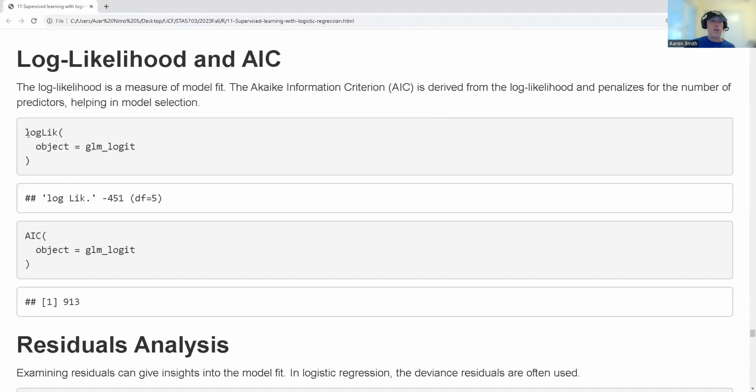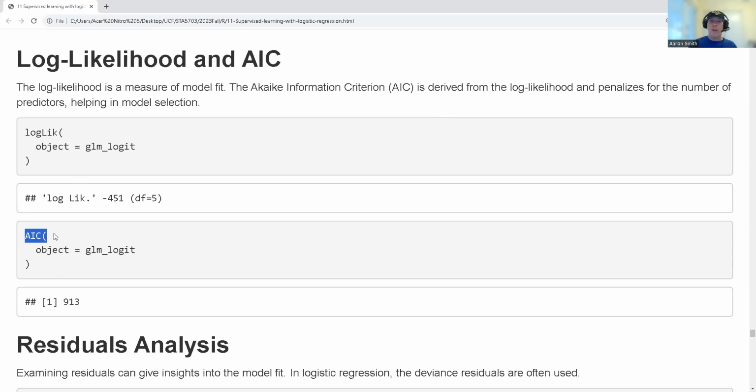We can also get the log likelihood off of our model. Usually we don't use this too much because there's no standards. It's hard to say, is that big, is that small? AUC is good for comparing to other models. I can actually use log likelihood and AIC to compare multiple models.